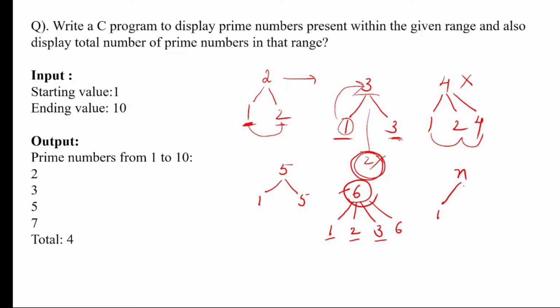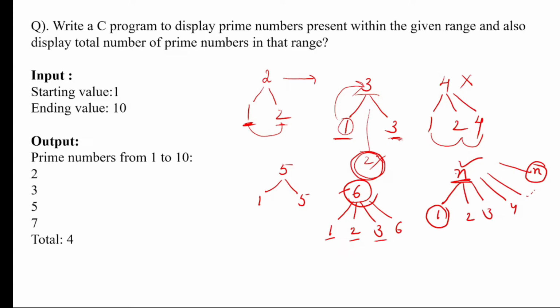Divide n by 1, 2, 3, 4 and so on up to n. If it has only 2 factors, meaning 1 and itself, then n is a prime number. Otherwise, it is not a prime number.